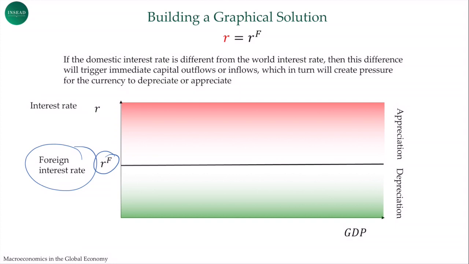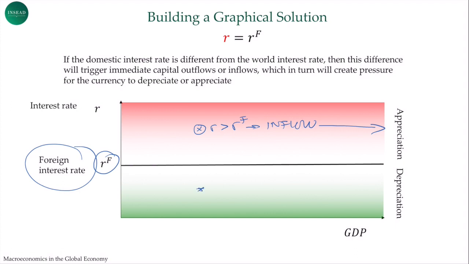Here, what we learn is something about the dynamics of capital flows and exchange rates. In particular, if I ever find my economy above this horizontal line, it means my interest rate is higher than the interest rate abroad. It means I'm going to see an inflow of capital. An inflow of capital is likely to appreciate my currency because the foreigners want to buy my currency to invest in my country.